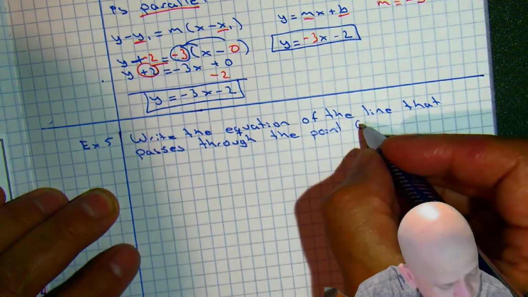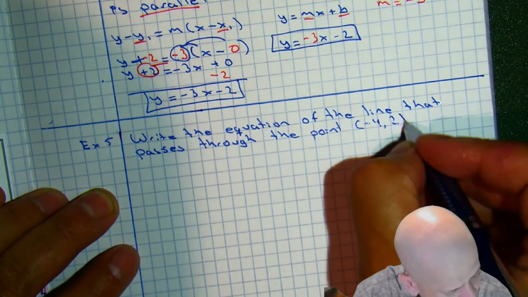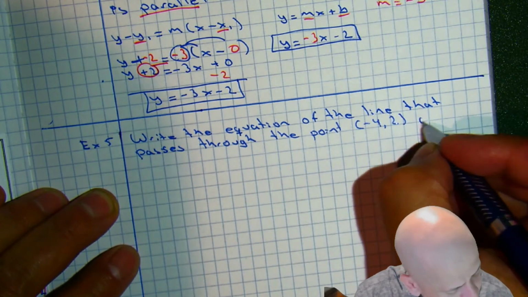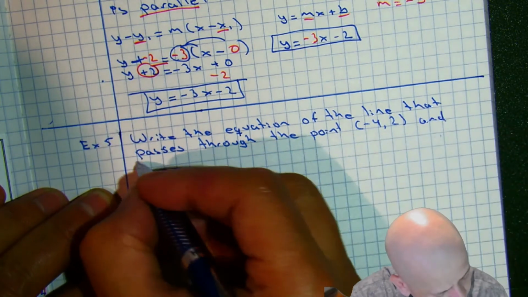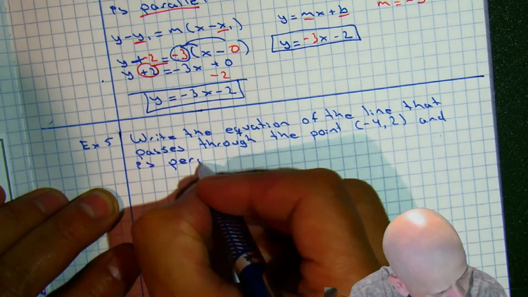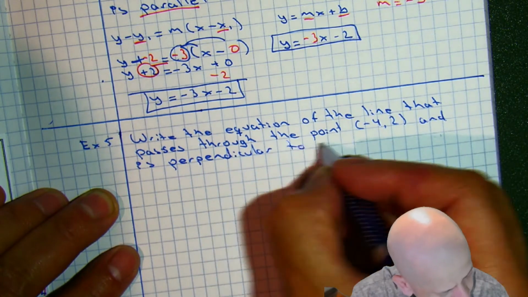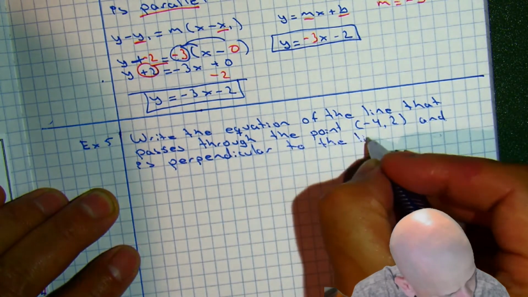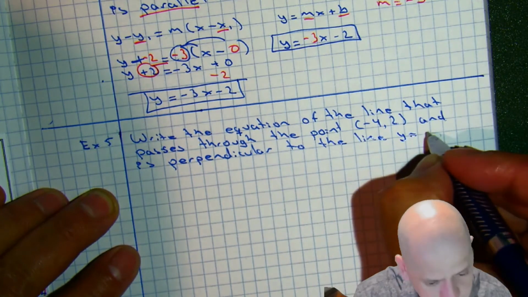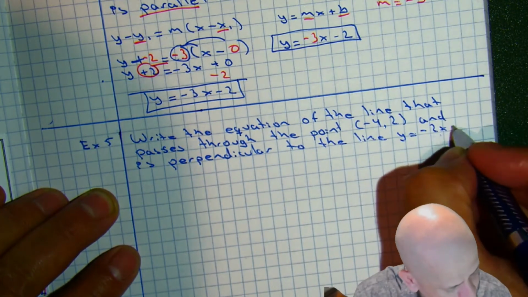The point that they give us is -4 and 2. And it's perpendicular to the line y equals -2x plus 1.